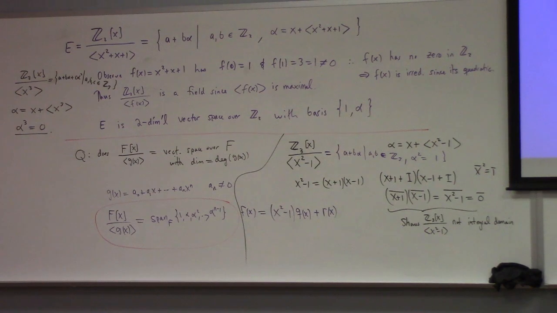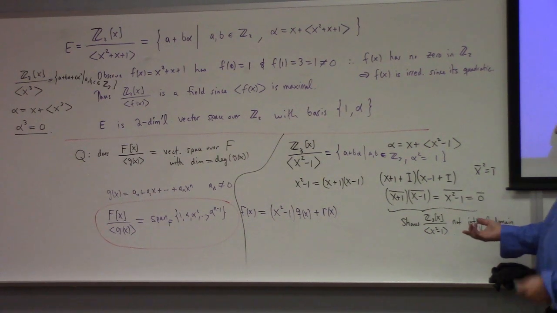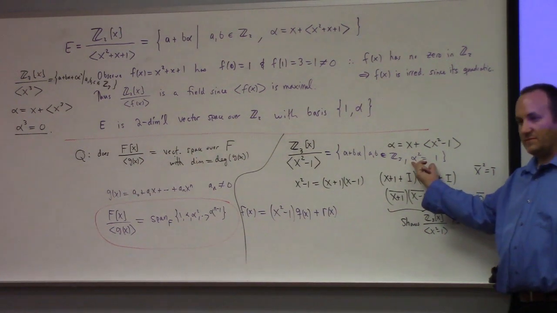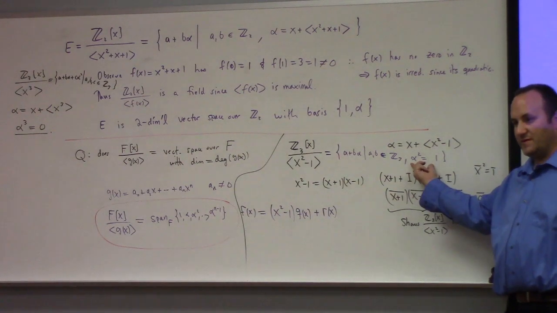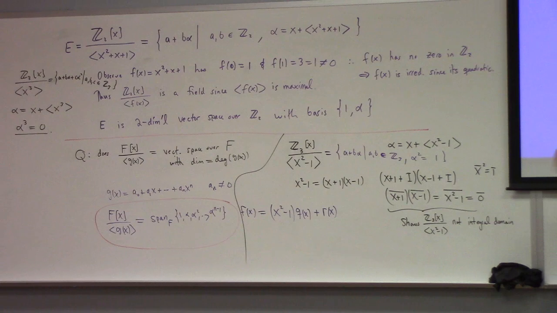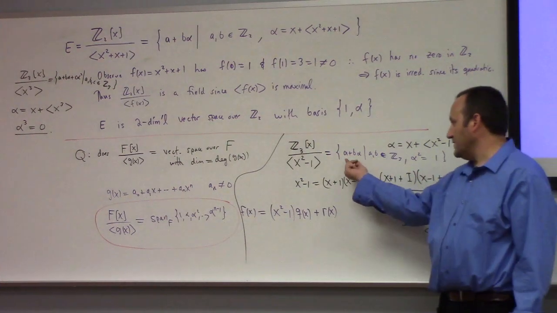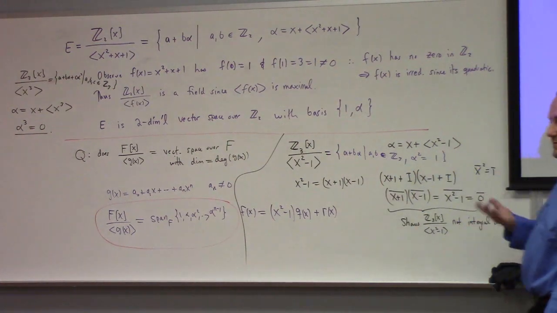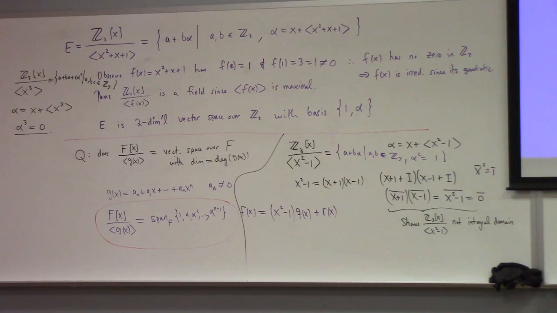But if you don't want to put bars on things, we just introduce the alpha, and we write things like alpha squared equals 1. It's an abusive notation, but I hope it's one that you'll allow me. So essentially, this factor ring is A plus B alpha with the rule alpha squared is equal to 1. It is not a field.